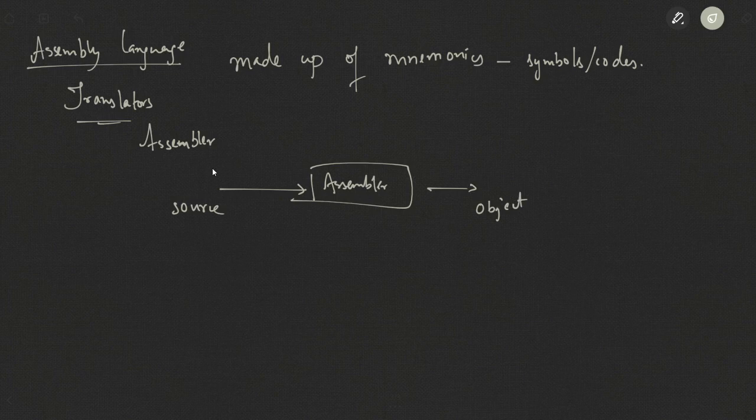So there's the assembly language programming done on this end. The translator, that's the assembler here, will translate this assembly language for the system into machine language. That's again binary digits, zeros and ones.